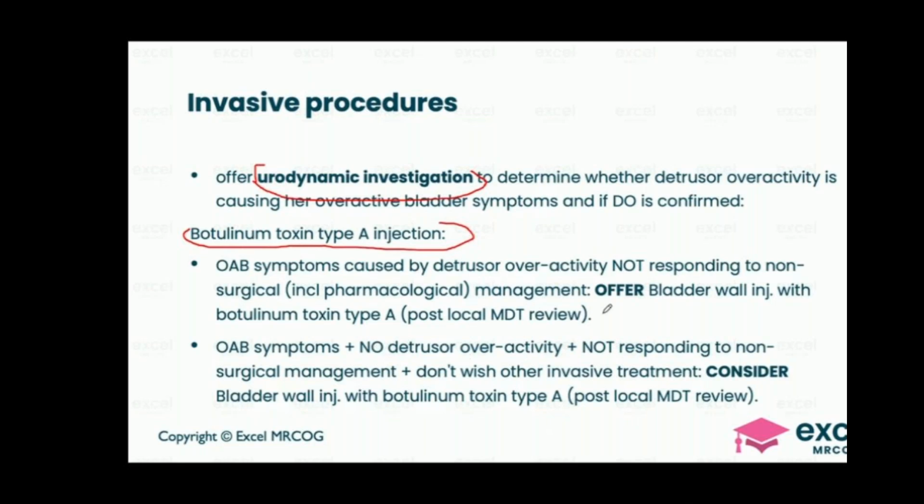But if you do urodynamics and you still see that there is no detrusor overactivity, but she has symptoms of overactive bladder, you have treated for UTI. But the very fact that you have done urodynamics means there is no UTI. There is no detrusor overactivity, but she has symptoms. Now what do you do? Do you still treat or not? She's not responding to any of the non-surgical management, and she does not wish for any other invasive treatment.